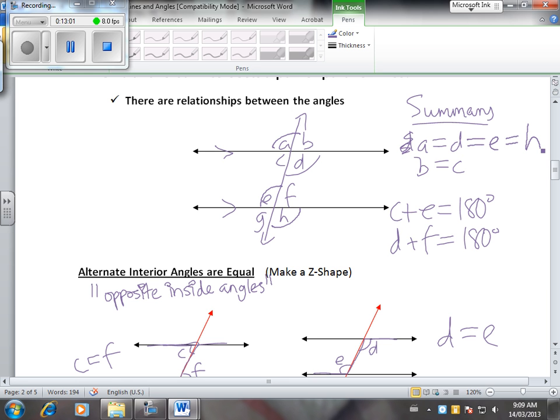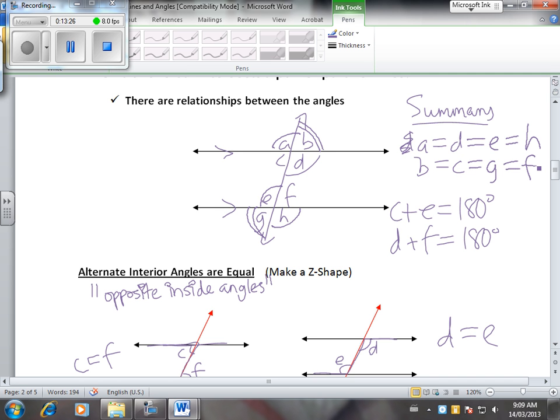So we know that because of alternate exterior angles, B equals G. And we know that because vertical angles are equal, G equals F.